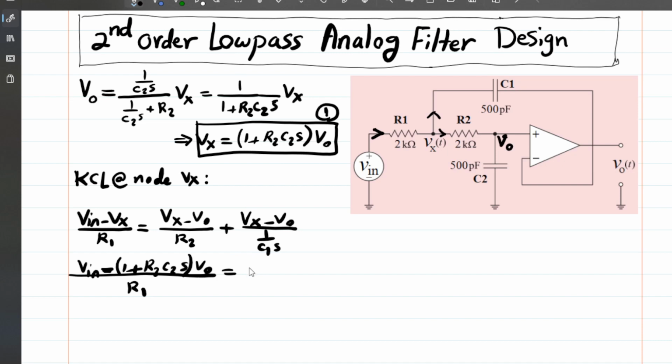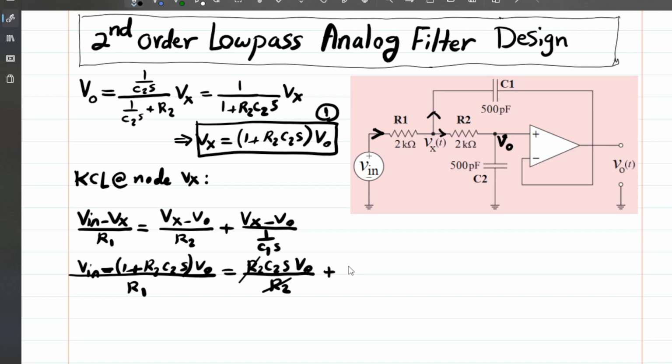So what I have is R2C2s times Vout divided by R2. And obviously, one nice thing is R2 cancels out with R2. And for Vx minus Vout, I can do the same thing.